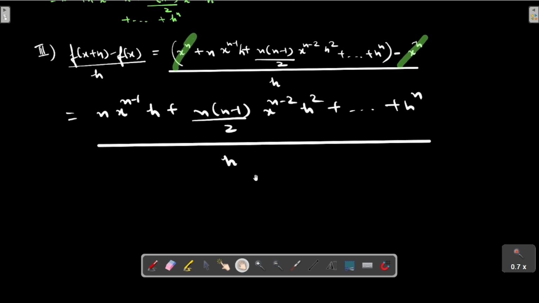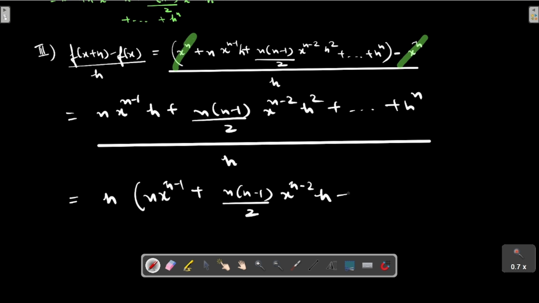From the numerator, I'll pull out h. So it will be n x to the power of n minus 1, right, plus n into n minus 1 over 2 x to the power of n minus 2 h, so on, plus h to the power of n minus 1.